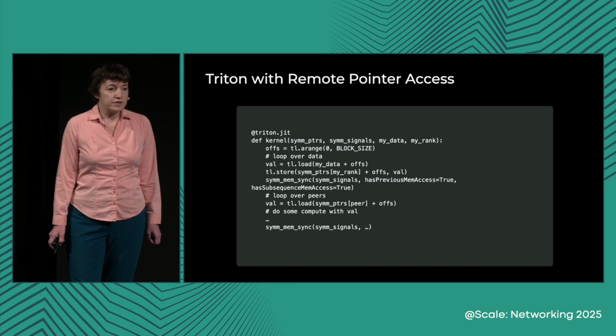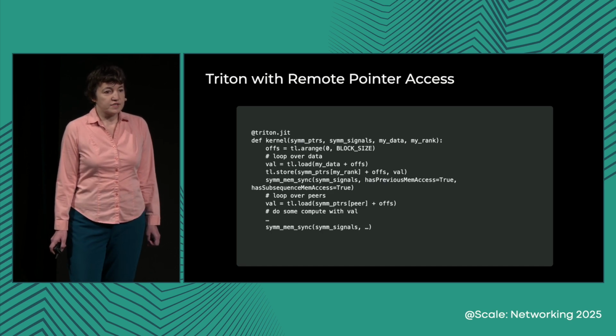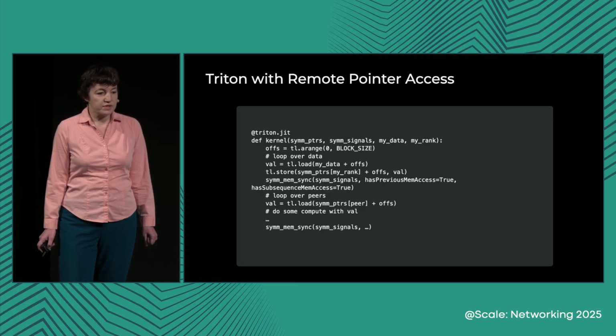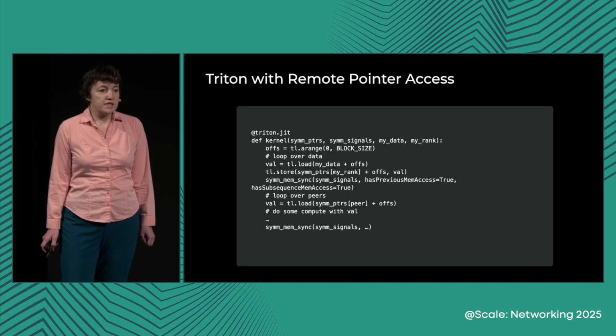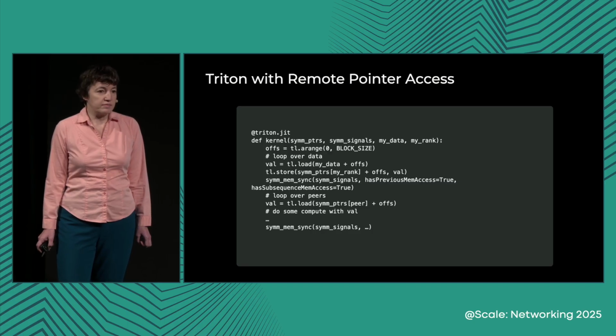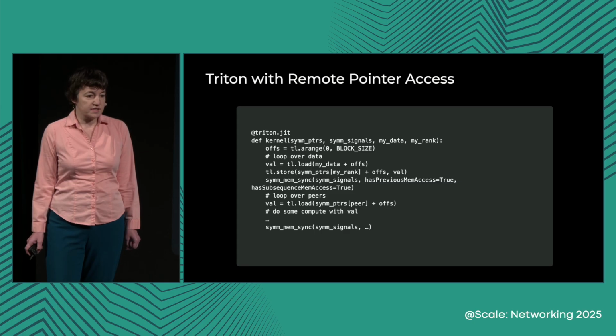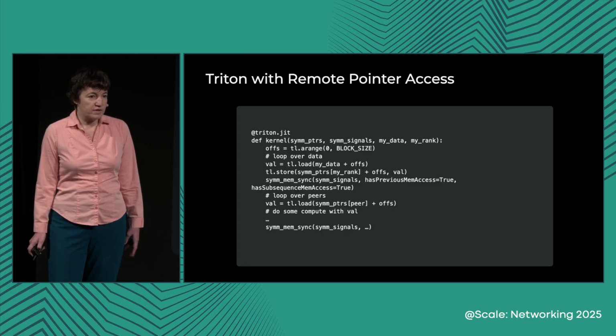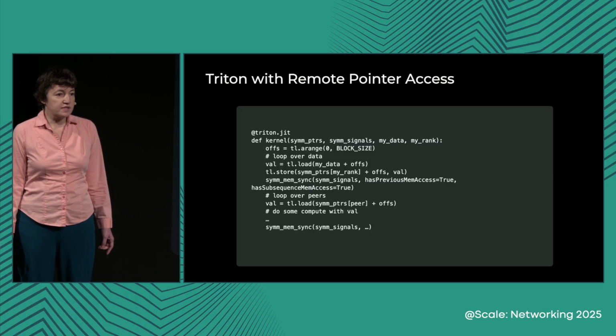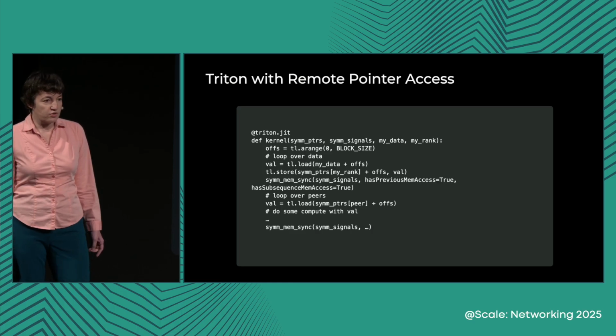Here is an example of a Triton kernel that's using our symmetric memory pointers. As you can see, it looks just like a regular Triton kernel. You are sending some tensor arguments as arguments. You are sending the rank of your process so that we are able to see where we are at. And everything else looks pretty much like a normal Triton kernel you would write for anything else.